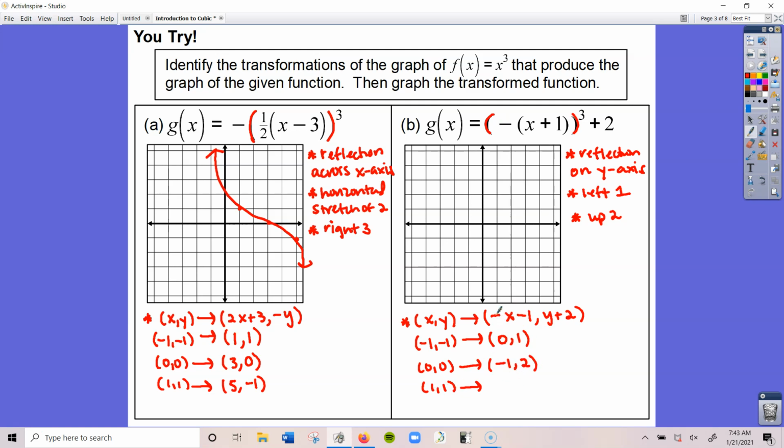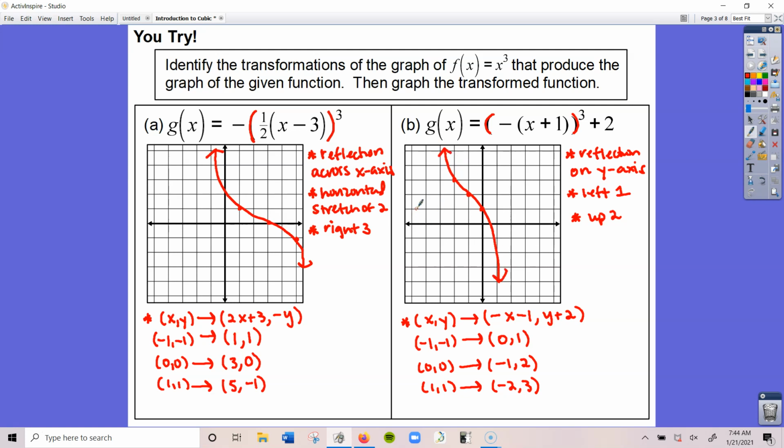Finally, when I plug in 1, 1, -1 minus 1 is -2, and 1 plus 2 is 3. So now I can plot these points. 0, 1, -1, 2, and -2, 3. Remembering to curve.